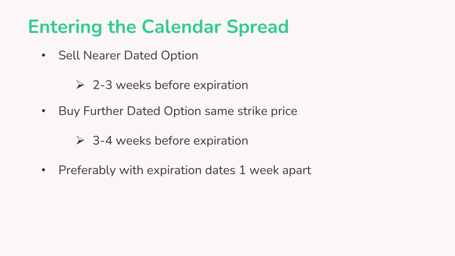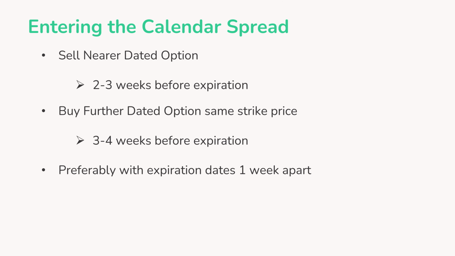The reason why I choose 1 week apart is because, remember, for the calendar spread, you are buying a further dated option and selling a nearer dated option to offset the cost of the further dated option that you just bought. So if the options for your calendar spreads are 1 month or even 2 months apart, this means that the further dated option that you are buying is going to be a lot more expensive than the nearer dated option that you are selling because of the additional 2 months of time premium.